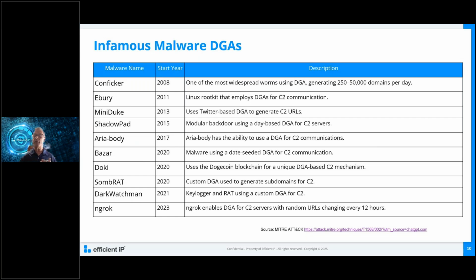Then we have more modern threats like Doki, which uses blockchain to generate domains, making it even harder to detect and block. Look, the key takeaway is that attackers are constantly evolving their tactics to stay ahead of traditional security tools. You have to understand how these malware families behave to essentially build stronger detection and defense strategies.